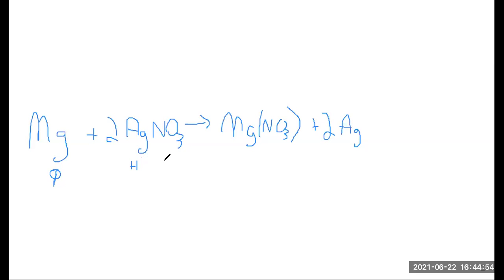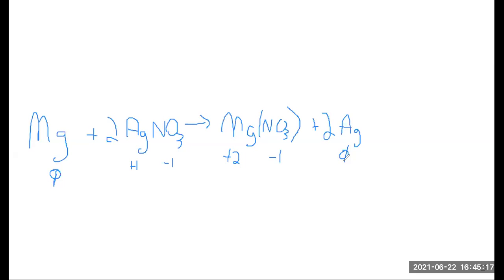You could just write -1. You could go through and calculate the nitrogens and the oxygens separately, but it won't actually change your answer. So -1 in that. My magnesium is +2. And then this silver is 0.